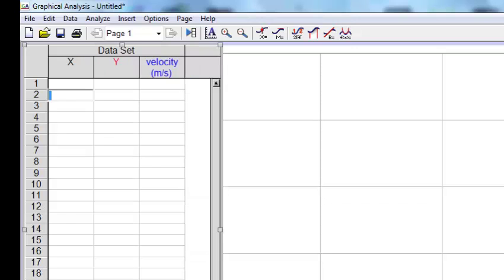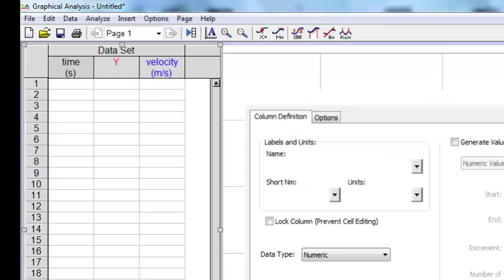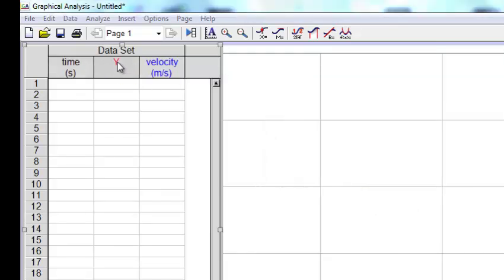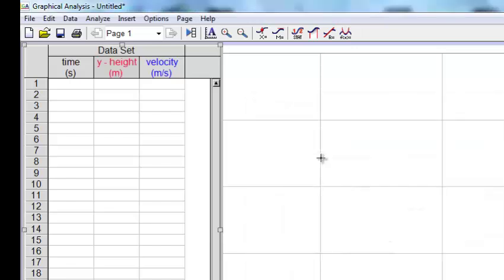So you can see here I now have 3 columns all under the same data set. The first one, which I still have to label, is going to be time. And of course that unit's going to be seconds. The second one is actually going to be the Y position, or the Y height. Units will be meters. And then the third one is velocity, just plain V, not Vx, not Vy, just V.